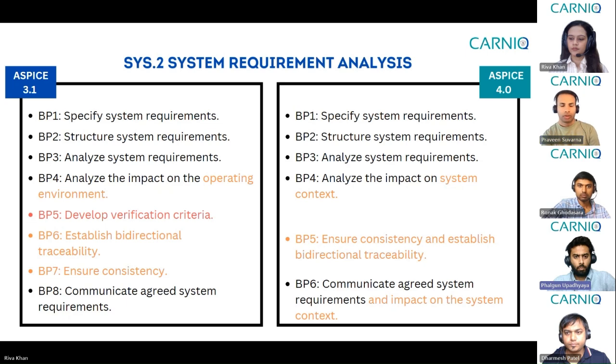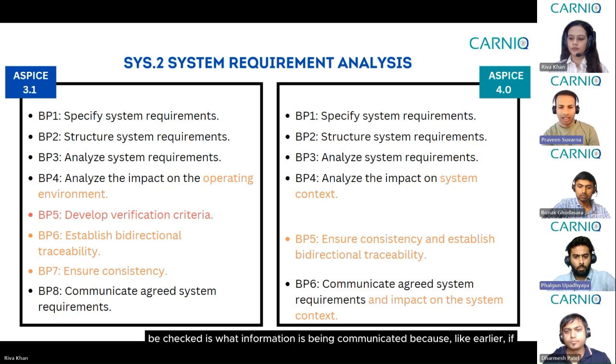So with the new modification in this base practice, I think what will also be checked is what information is being communicated, because if we are just communicating certain baselines, it is not sufficient. If certain critical things have been identified when it comes to BP4, this information also needs to be communicated to relevant stakeholders.